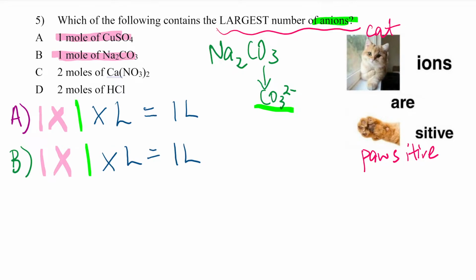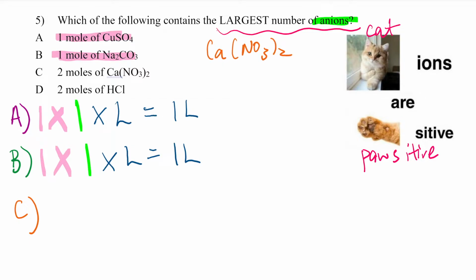All right, now let's do C. This time, I have 2 moles of Ca(NO3)2. So the anion is obviously the nitrate ion, because I know nitrate is NO3 minus. How many nitrate ions are there? You see this time there's a number 2 here.